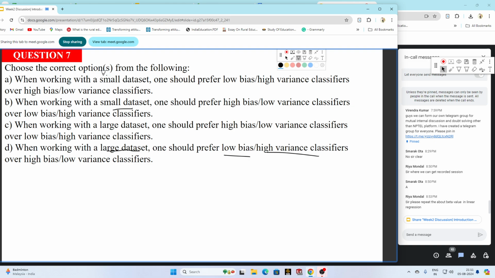See, here there are two things that have been asked: small data set and large data set. In case of a small data set, we are interested in low variance. We know there will be more bias because we are only dealing with a very small number of data points. So we know there will be error, but we want our variance to be small.